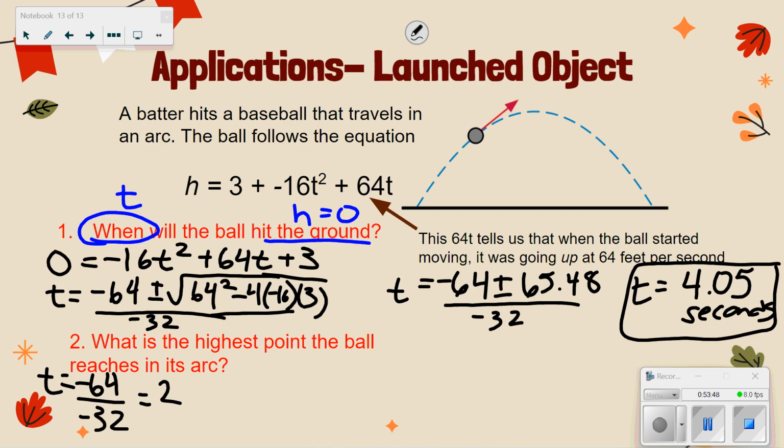So that's just the time. I need to find the highest point, which means I need to find the y, the h. So how can I find the h or my y value if I know this is my time? Plug it in. Good job.